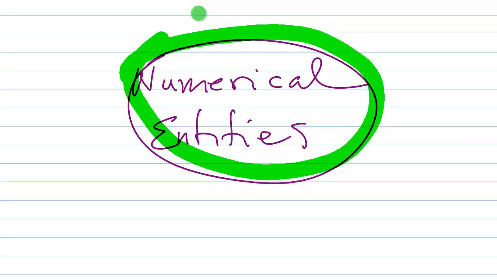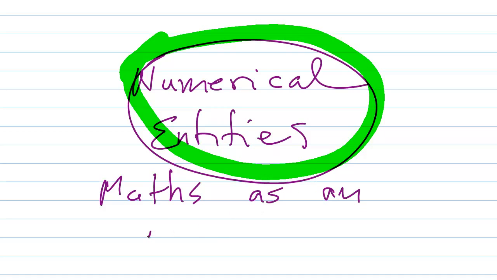Great for thinking. Great brain food temperatures. Numerical entities. I thought there's got to be somebody else who thought this up. And I also thought I was doing this as a love of mathematics, maths, as an art form.